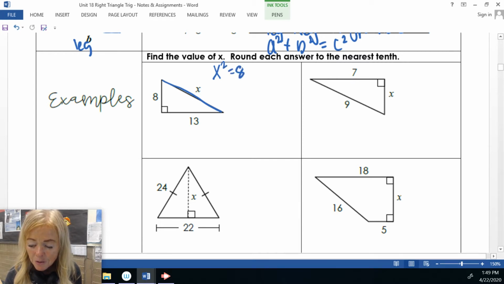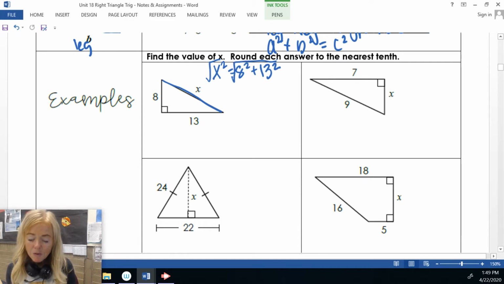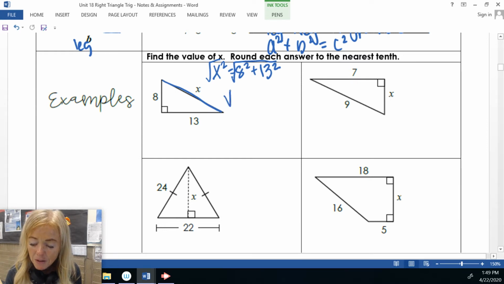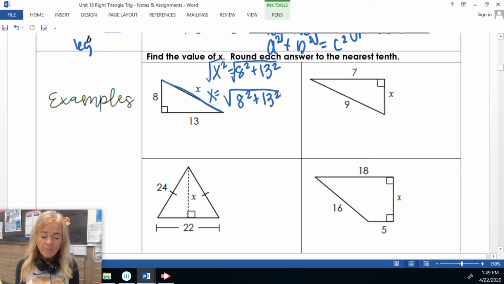X squared is equal to 8 squared plus 13 squared. Those are the two legs squared. And undoing that means that you have to take the square root of x squared. That's the only way to undo an x squared. So in doing that, you see that x, the hypotenuse, is equal to the square root of 8 squared plus 13 squared. And for that, I would use the calculator.